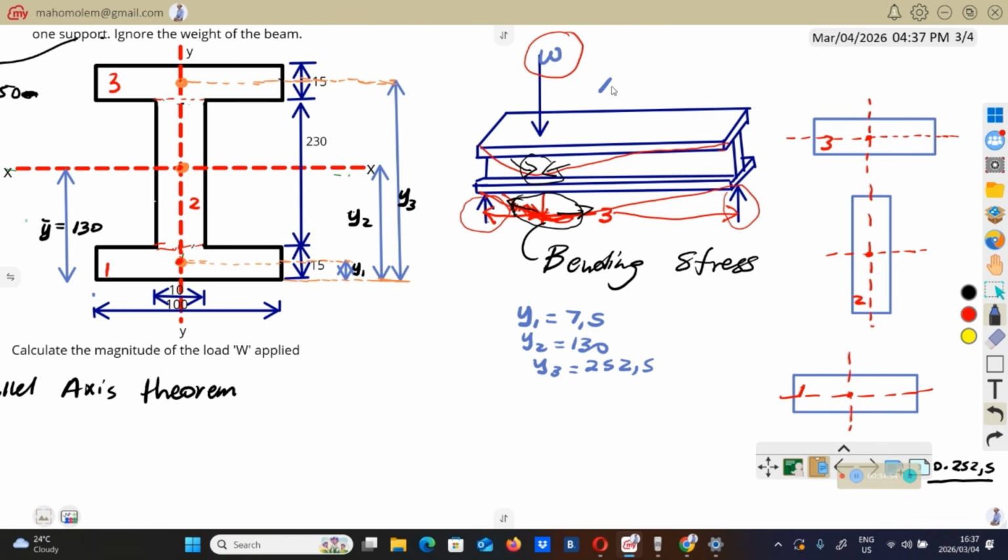But we're going to take XX as the axis perpendicular to the longest dimension.